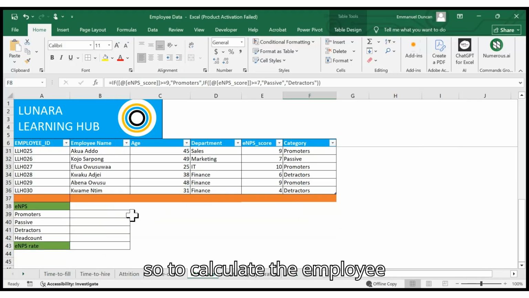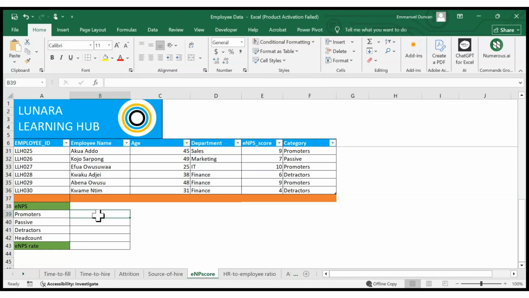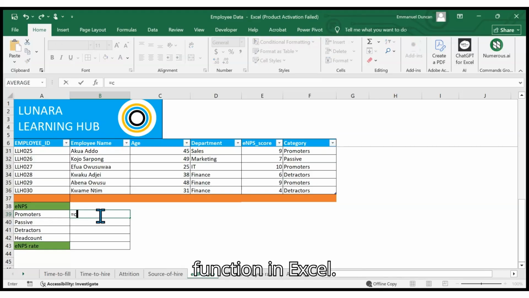To calculate the employee net promoter score is by the formula: the promoters minus the detractors, all divided by your head count. So let's calculate the promoters. You can use the COUNTIF function in Excel.